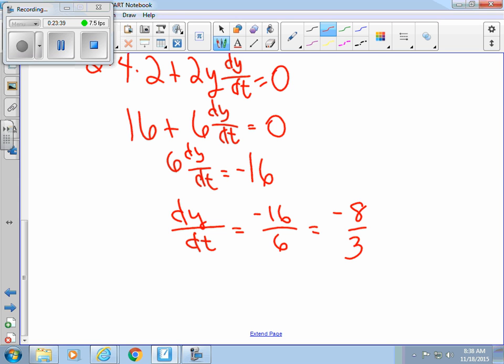Units: meters per second. y was in meters, t is in seconds. Now, why is it negative? Because it was falling down. So as we answer the question, we have to keep in mind that dy dt is negative.